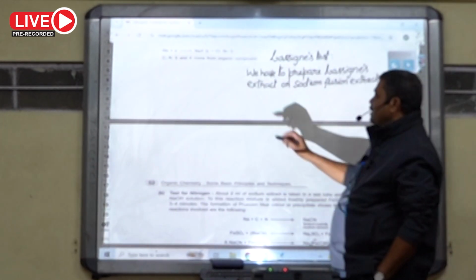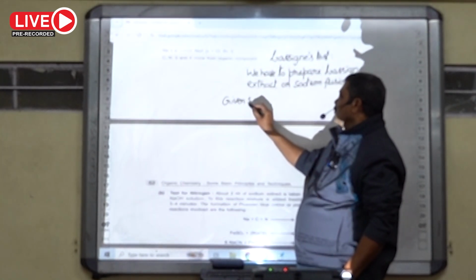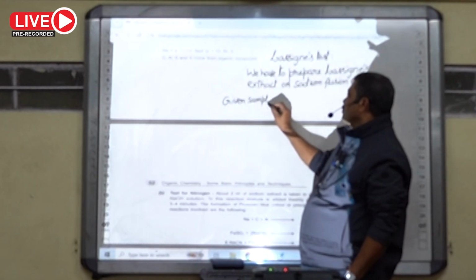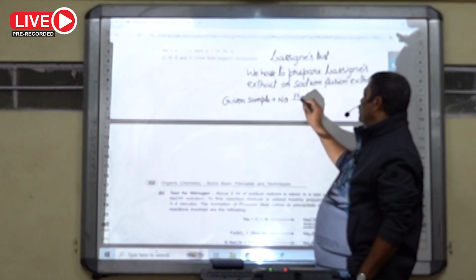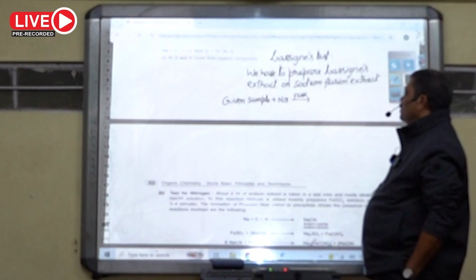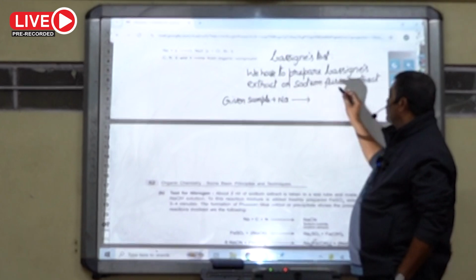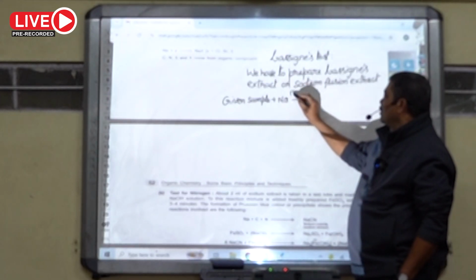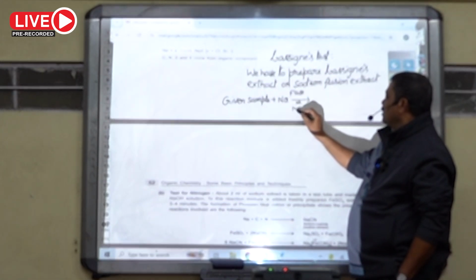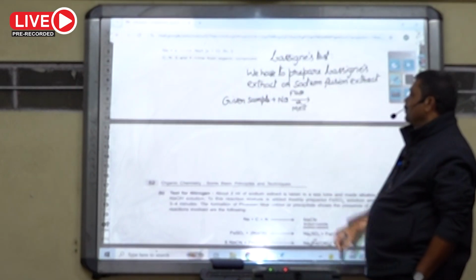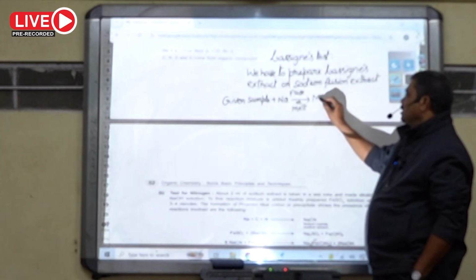The given sample plus sodium metal is fused, which means melted. You get a molten or fused mass.